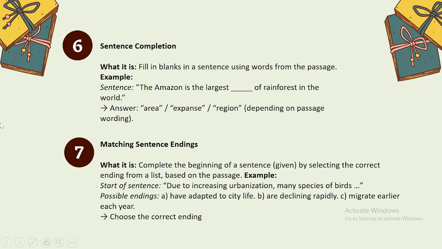So for sentence completion, we almost all know about this. Like, the Amazon is the largest gap of rainforest in the world. So here, first of all, you have to scan, and then try to locate where the answer may have appeared, and then go through this paragraph or section to identify the correct answer.